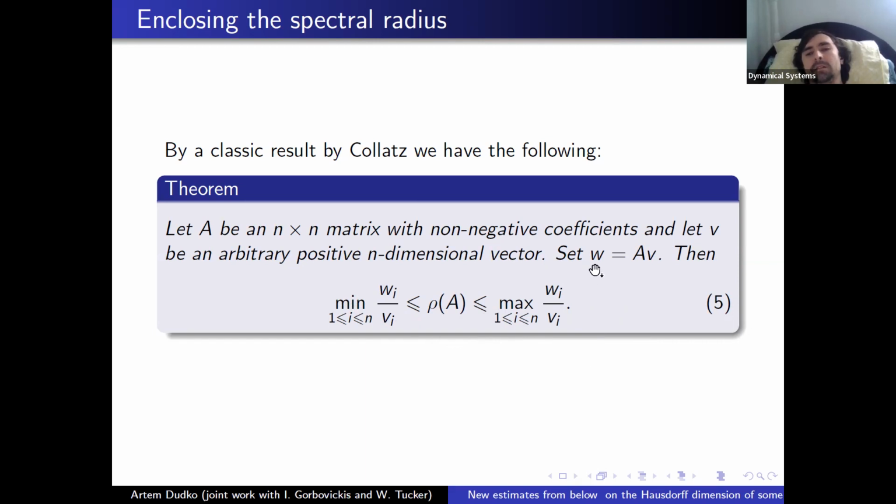And taking subsequent images, this bound actually gets better and better. This allows us to compute an accurate approximation of the spectral radius even for very large matrices.